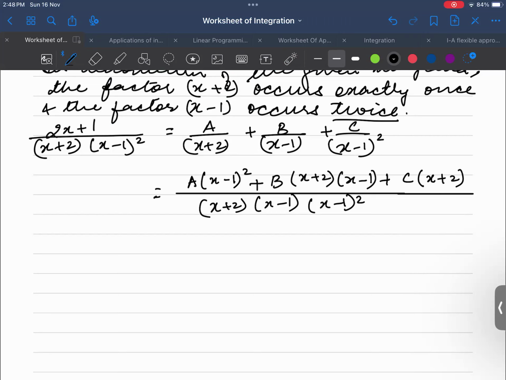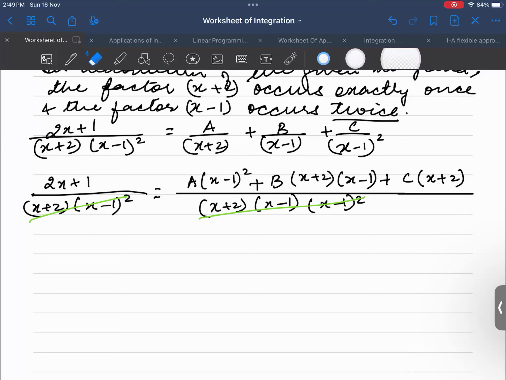Is it clear? Sorry, in the LCM, I have unnecessarily taken this part, which is not required. Right. Now it's right. Fine. Otherwise, other things are the same.